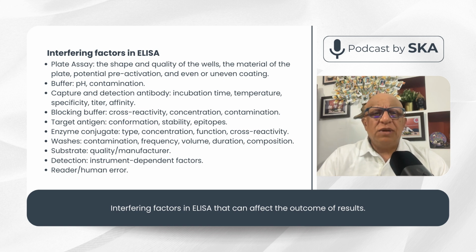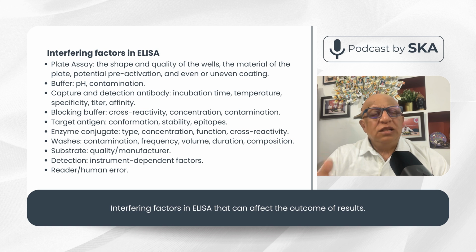In fact, the contamination of any reagent should be avoided, because that is the most common interfering factor in many laboratories. Because of using the pipettes, you have to use aerosol free pipette tips, so that you don't contaminate your autopipette, so that it is not taken to the next run.